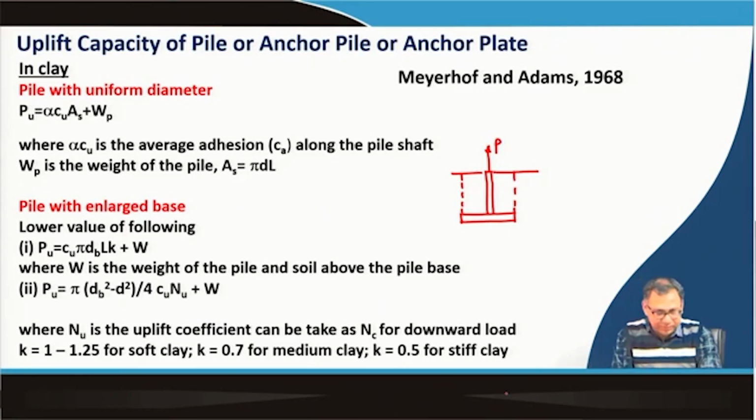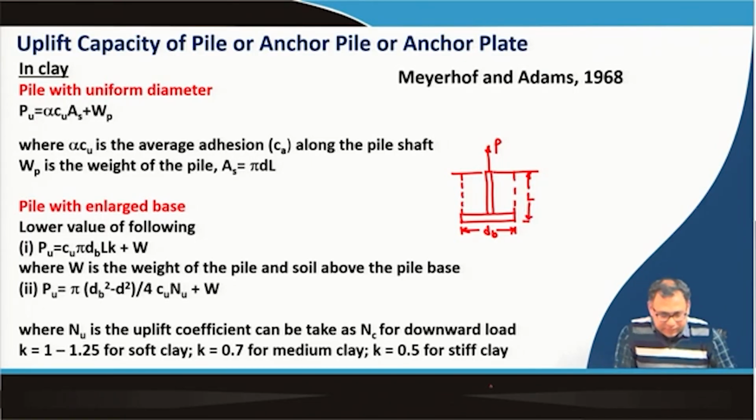So, let us discuss this one. For the pile with enlarged base, whose base diameter is say dB, we can determine the capacity by using the lower of these two values. Here L is the length of the pile or the foundation.